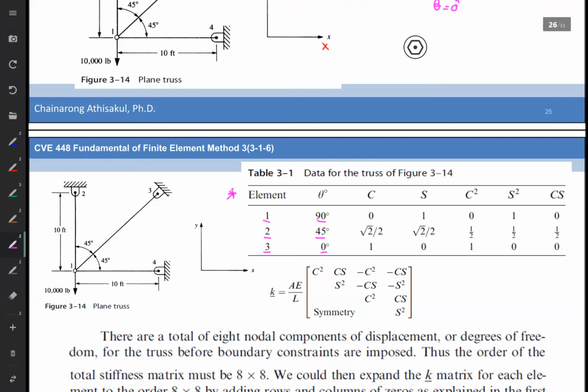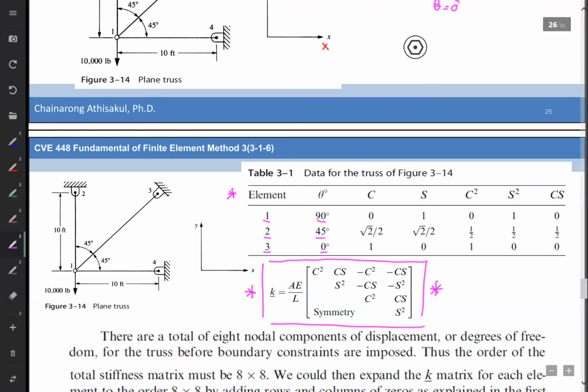After that, we find the terms that we have to determine for the element stiffness, which we already know from the previous video clip. We know that the stiffness matrix of a bar element or truss element in global coordinates is represented by this equation.